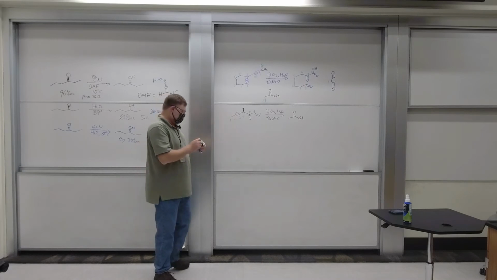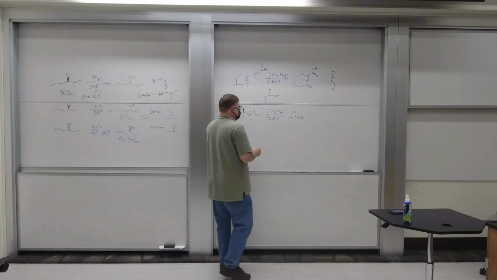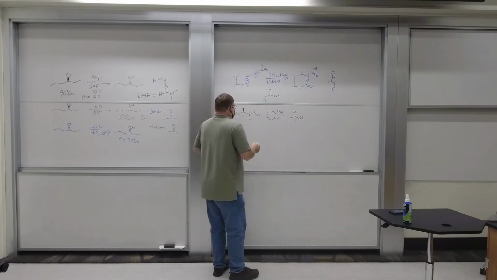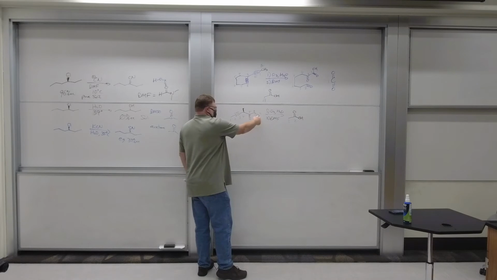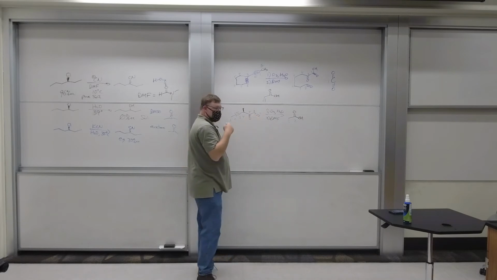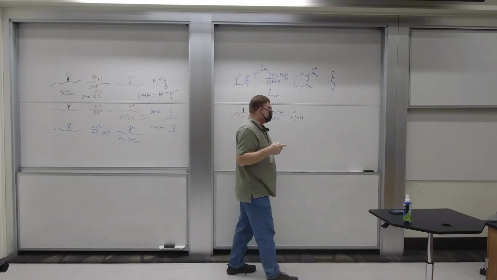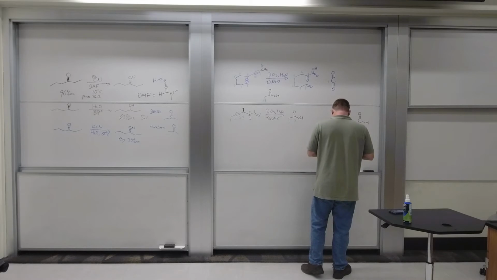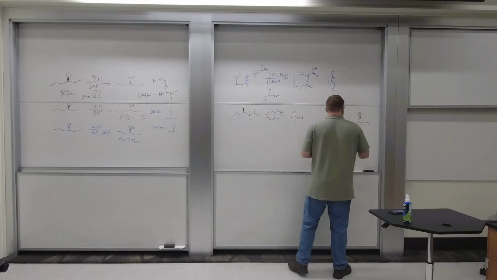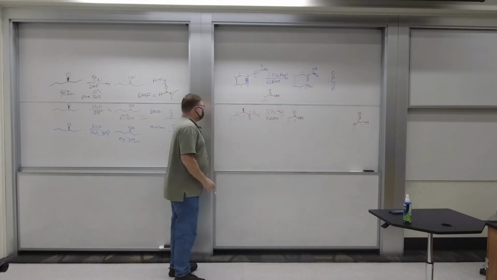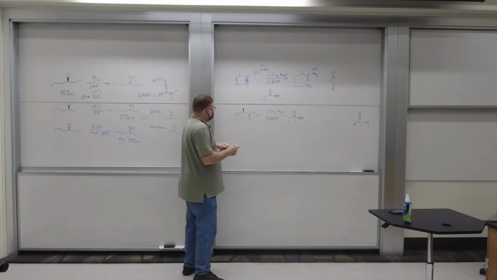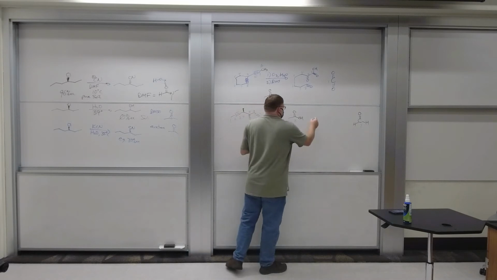Carbon 2 is going to turn into a carboxylic acid. Over on the end, carbon 7 is in an alkene, so it's just going to end up a carbonyl. So we're going to get formaldehyde out of that one. Three through 6 are all going to stay attached. Carbon 3 is going to end up being a carboxylic acid.